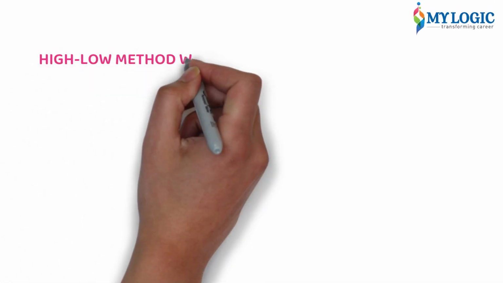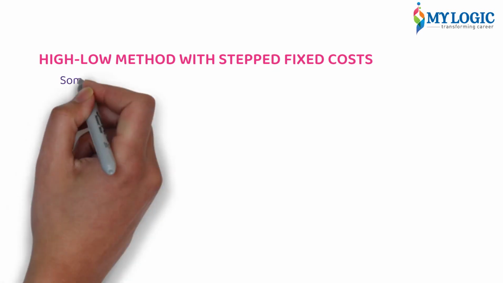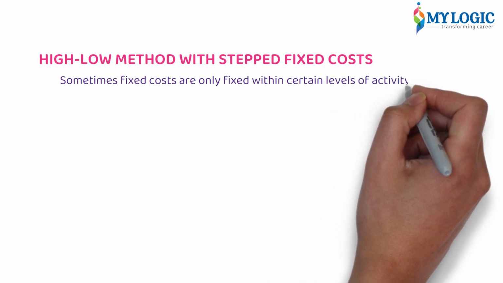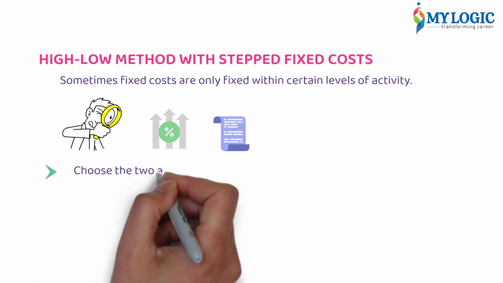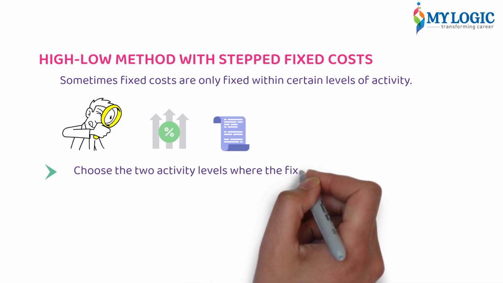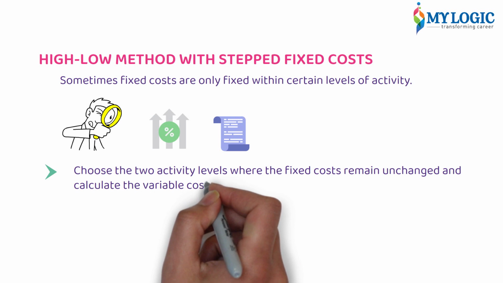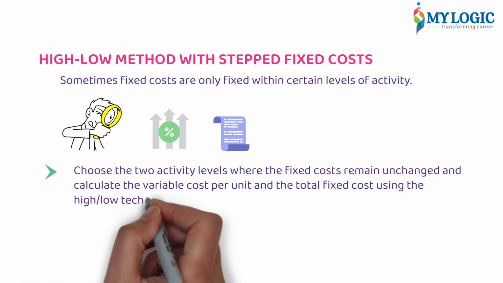High-low method with stepped fixed costs. Sometimes fixed costs are only fixed within certain levels of activity. Let us look into how the high-low method can be used in such a scenario. Choose the two activity levels where the fixed costs remain unchanged and calculate the variable cost per unit and the total fixed cost using the high-low technique.